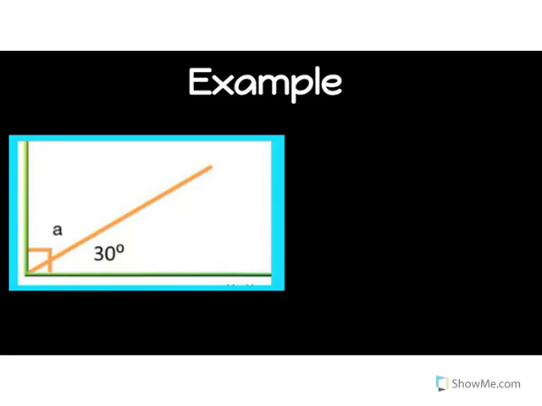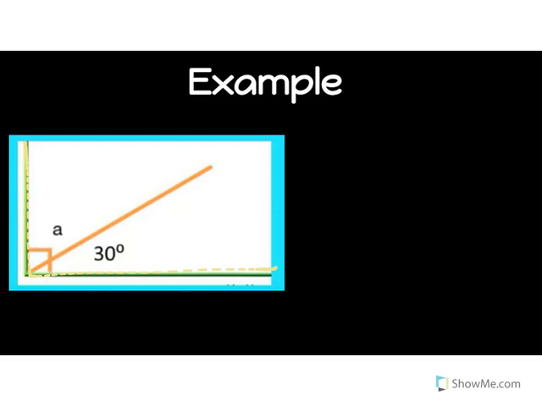Okay, so in this example, I have one angle right here, and inside of it, I see two separate angles. They share a common side, so I know they're adjacent angles. I know this angle is 30 degrees, but I don't know what angle A measures. So I'm going to start with what I know. I recognize this bigger angle has a square.